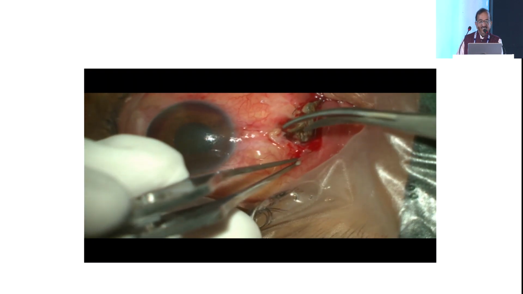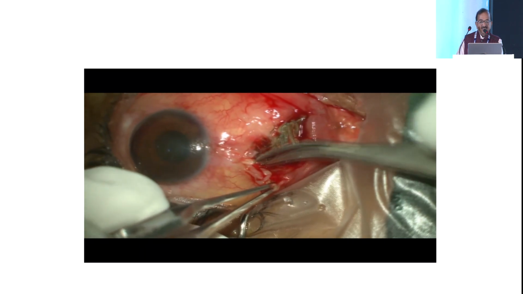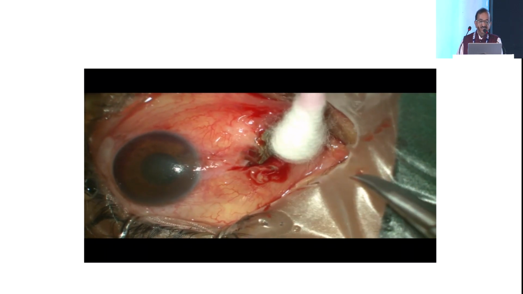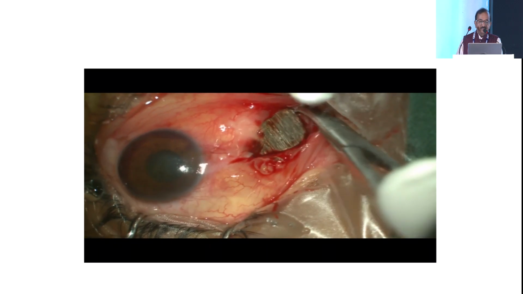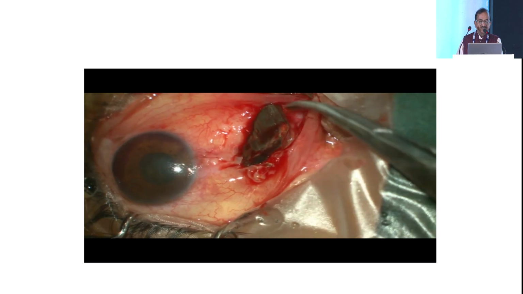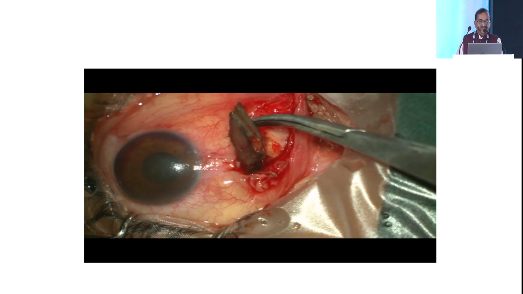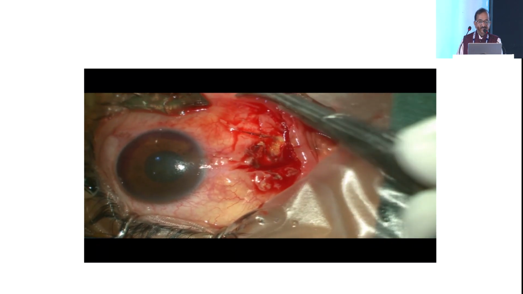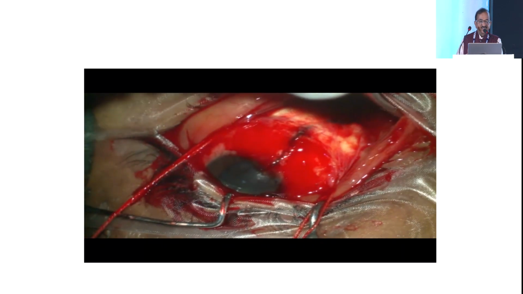And this was another one that was lodged, embedded in the muscle and causing, I presume, movement hindrance and diplopia, and therefore this had to be removed. Fairly large metallic foreign body that was embedded partly within the muscle as well as in the adnexa. And this is something similar to what I showed up front.